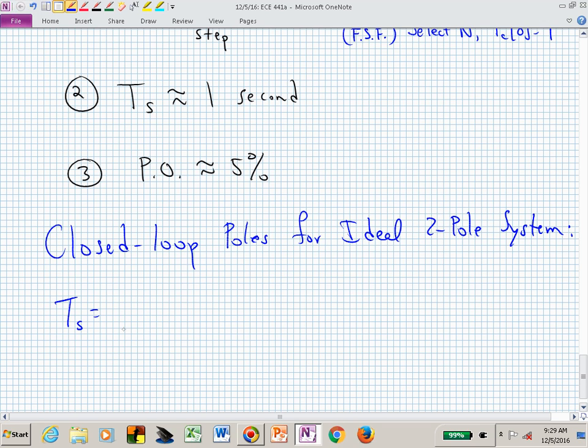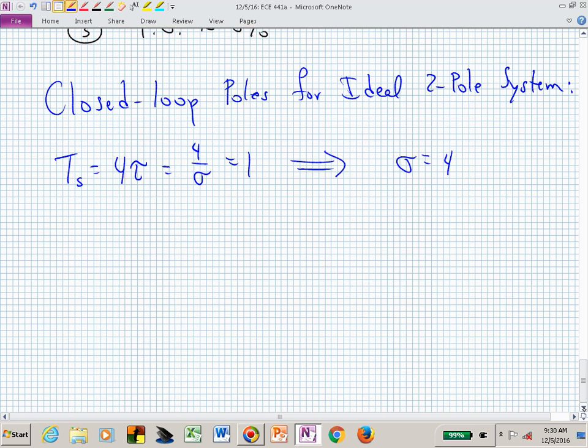What's a 2% settling time in terms of time constants? 2% settling time, that's 4 tau, or that's now related to our sigma, the distance we are into the left half plane, and we want that to equal 1. And now we have to go to this higher level math to figure this one out. No. Sigma is now 4. So now we know how far into the left half plane we want our closed loop poles.